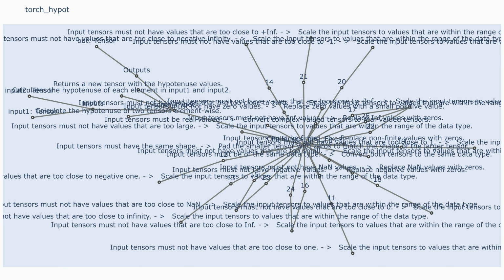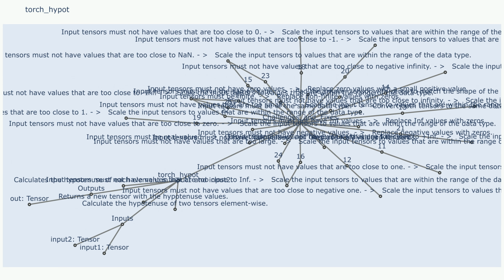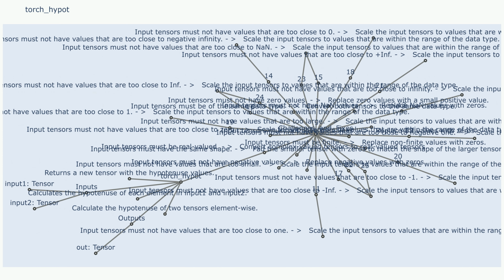torch.hypot. Description: this function calculates the hypotenuse of a right-angled triangle using the Pythagorean theorem, a² + b² = c², where a and b are the lengths of the two shorter sides, and c is the hypotenuse. Inputs. Input 1, a: a tensor containing the length of one of the shorter sides of the right triangle.